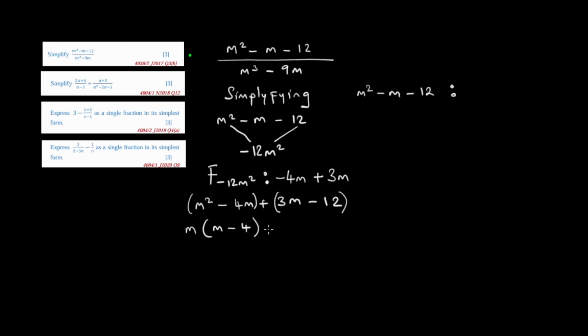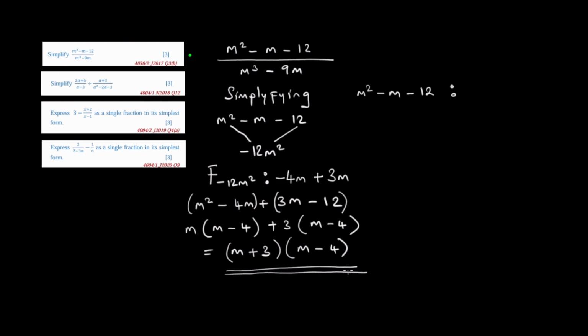From the second bracket we factor out 3, tinosarawo na m minus 4. Saka answer yedu inenge iri m plus 3 times m minus 4. Ndiyo answer yatinowana kana tikaita consider kana tikasimplify our numerator, which is m squared minus m minus 12.